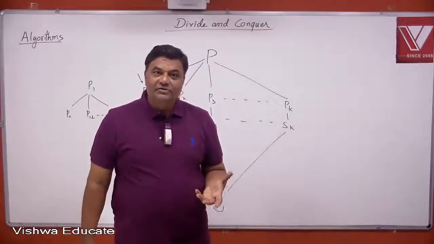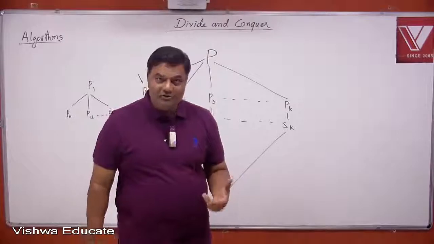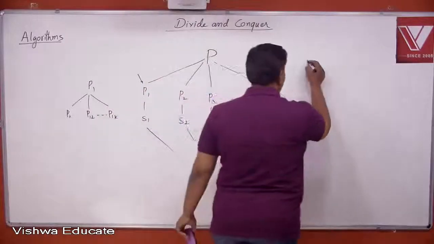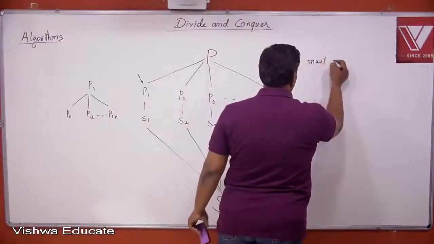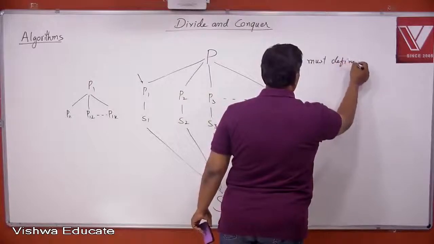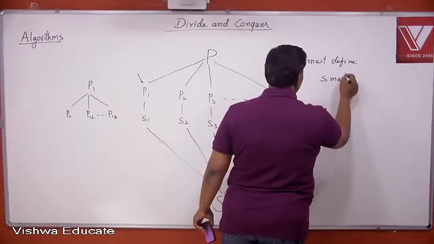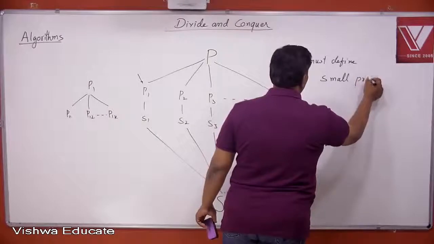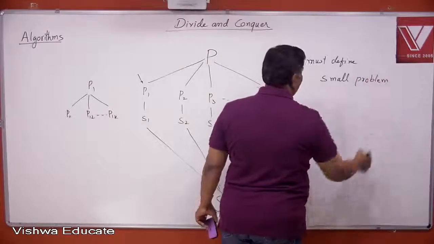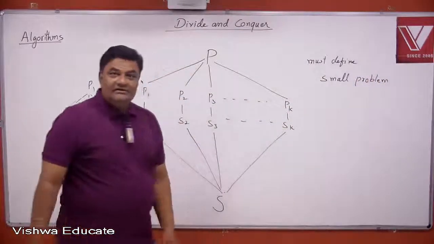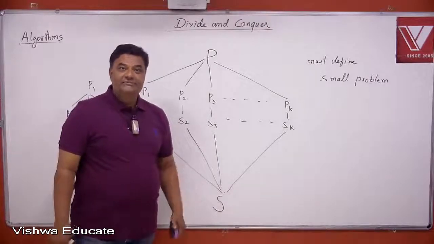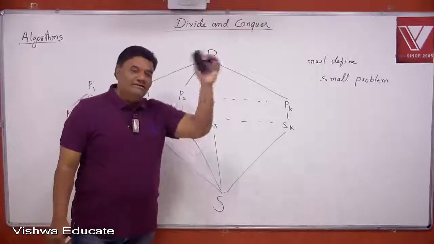So you should also know what it means by a small problem. In the divide and conquer strategy, you must define a small problem. When do you say the problem is small? You should define that. If it is not small, then it is large.